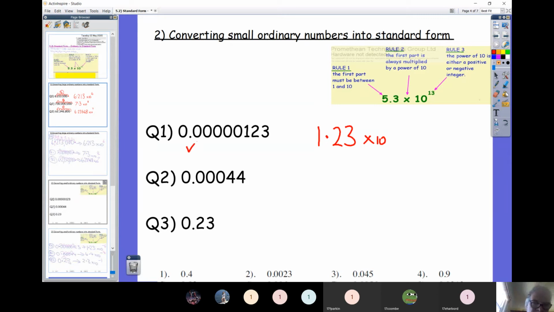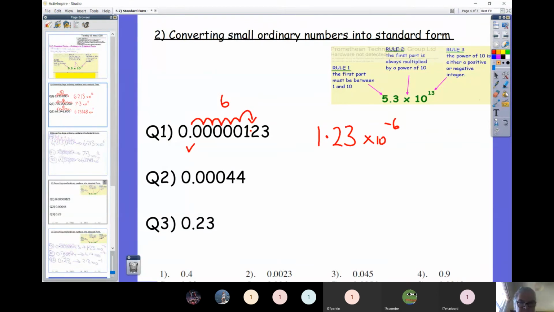And it's got to end up being between the 1 and the 2. It's got to go there. So how many jumps is that? 1, 2, 3, 4, 5, 6 jumps. But remember, you pop in -6 because that is a small number. Not +6 for big numbers, -6.